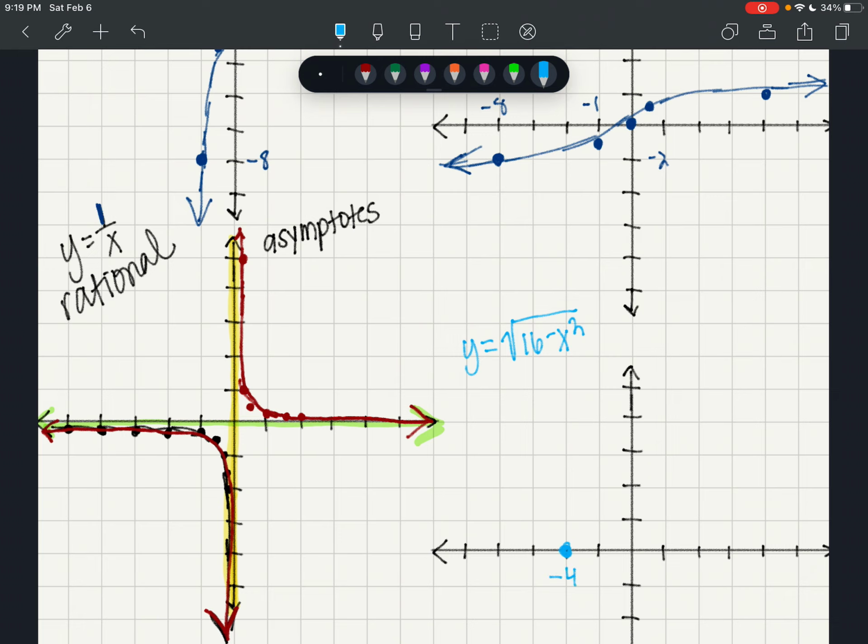So -4, +4, and it's a semicircle whose center is going to be at 0, 0, but who's going to have a radius of 4.